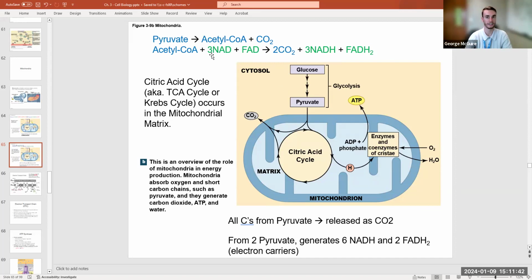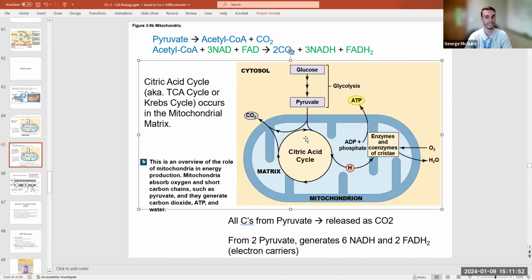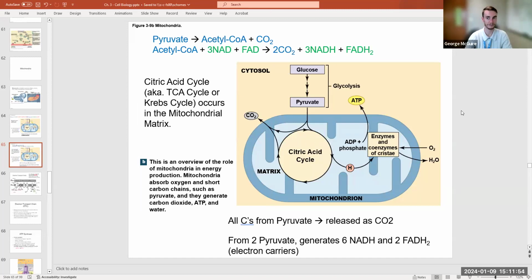So pyruvate came all the way into the mitochondria, across the outer membrane, across the inner membrane, and into the matrix. It gets broken down into acetyl-CoA, and then acetyl-CoA goes through the citric acid cycle. Eventually, through the citric acid cycle, all of the carbons that were originally in that glucose molecule have now been broken down to carbon dioxide.